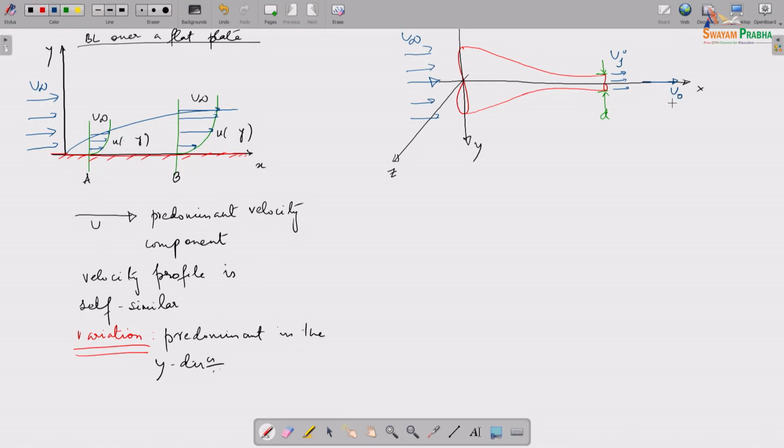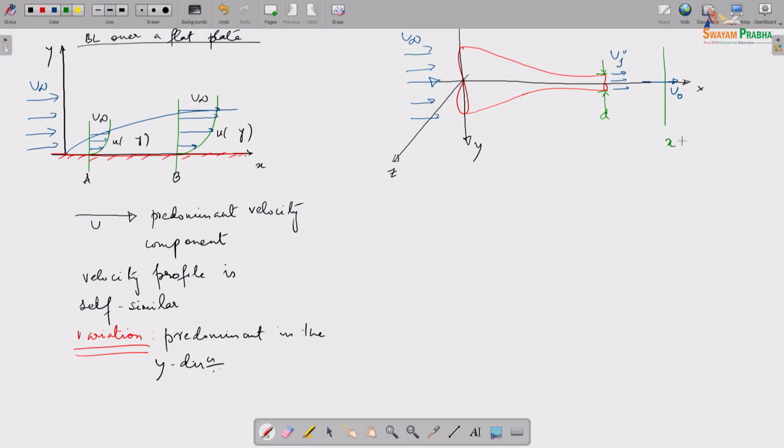So here too we have a velocity u naught, that's how we were defining it, and then we have a jet spread, which is how far the jet spreads at any x.